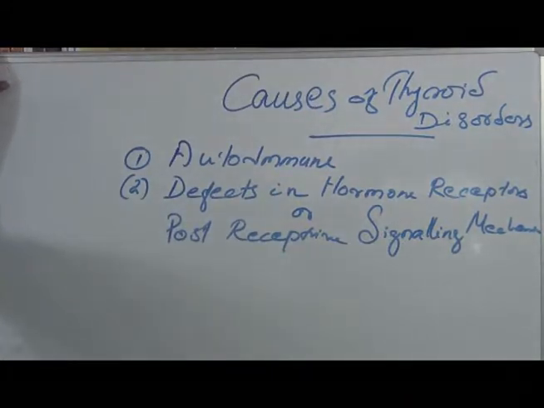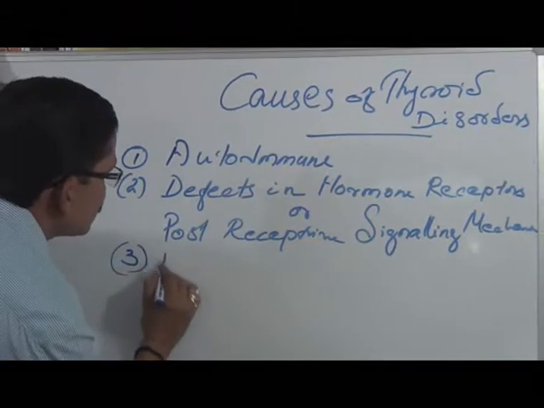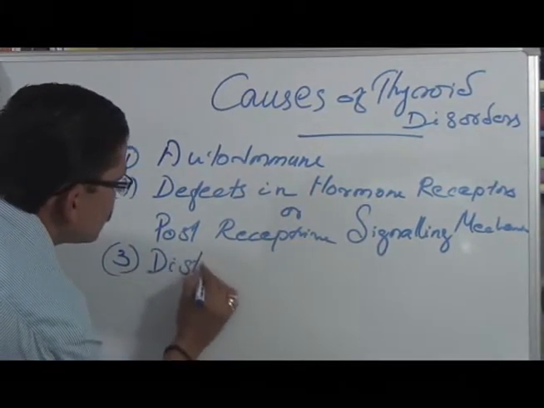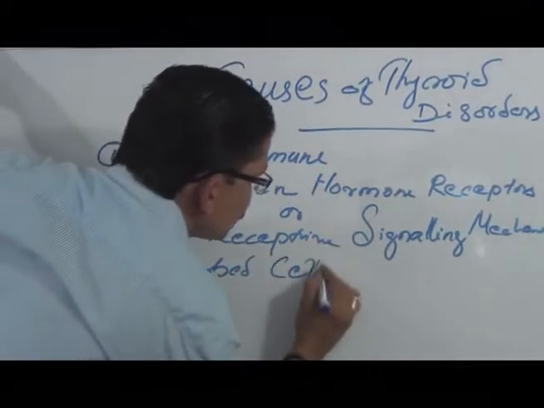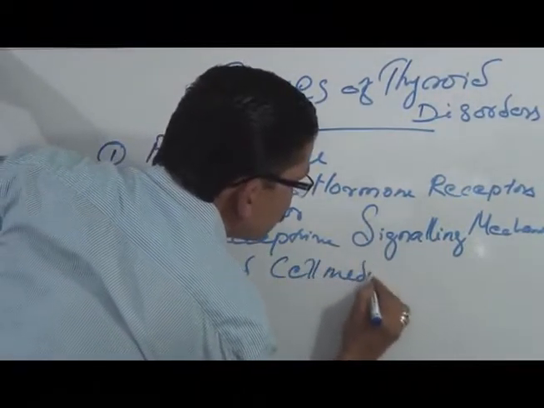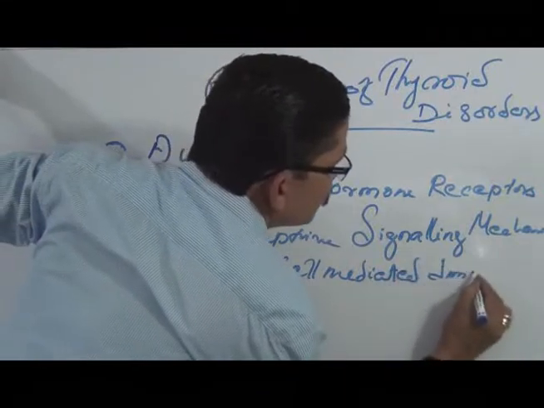And number three is disturbed cell-mediated immunity.